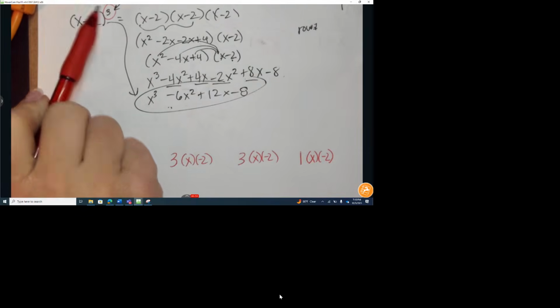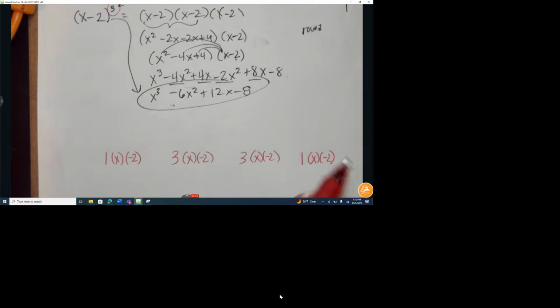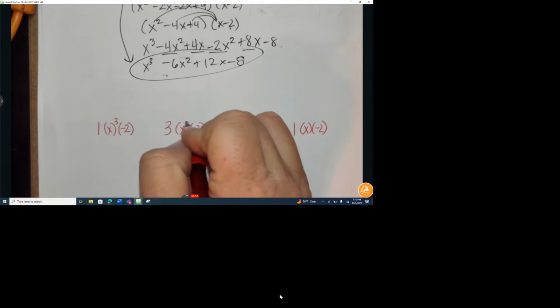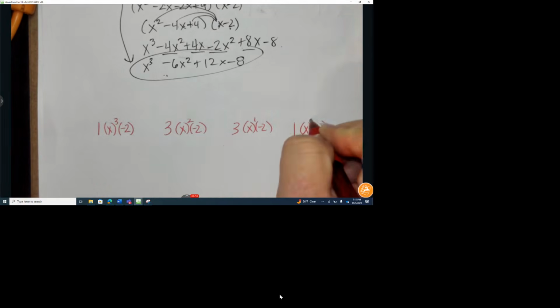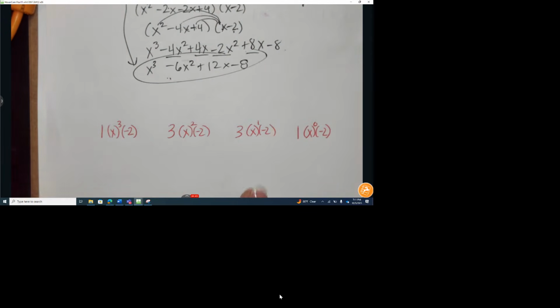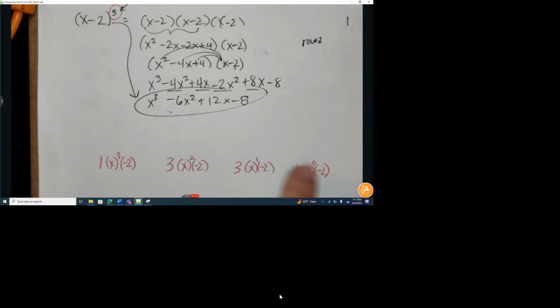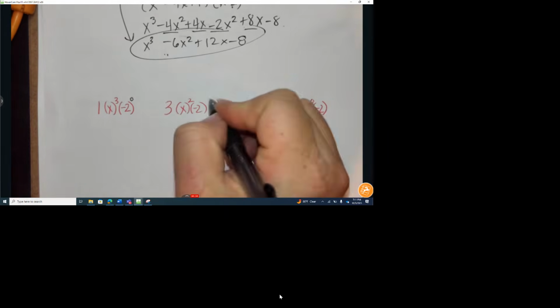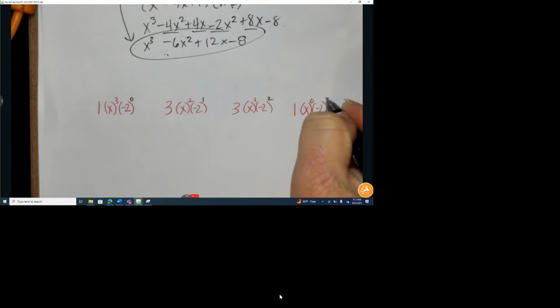The first item, we're going to start with the largest number and count down. So this is 3, 2, 1, and 0. And then the second term, the negative 2, I'm going to reverse it. So just like it went 3, 2, 1, 0, it's going to go 0, 1, 2, and 3.